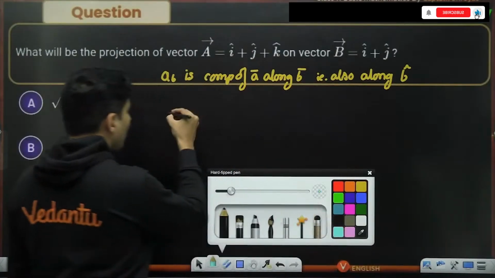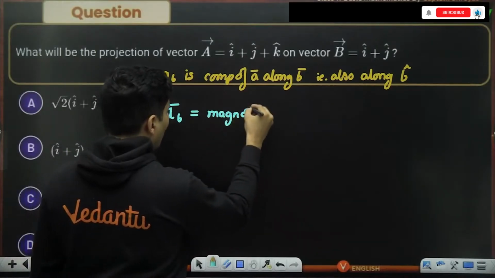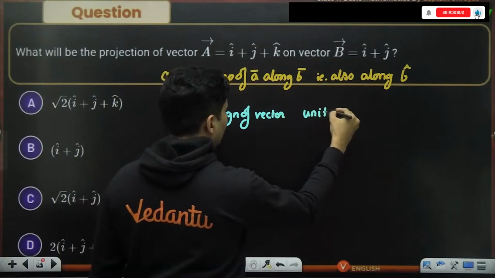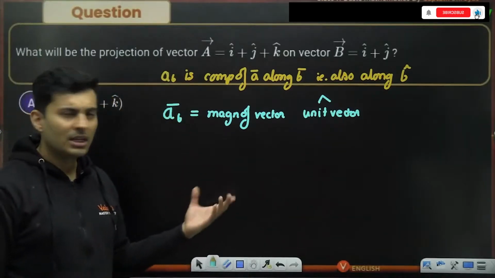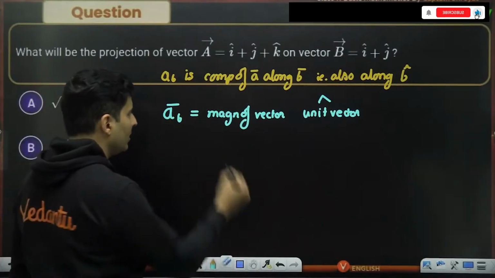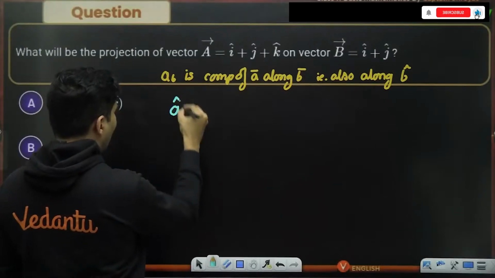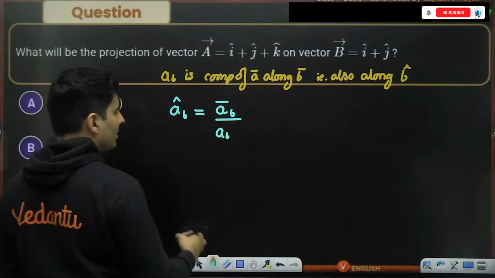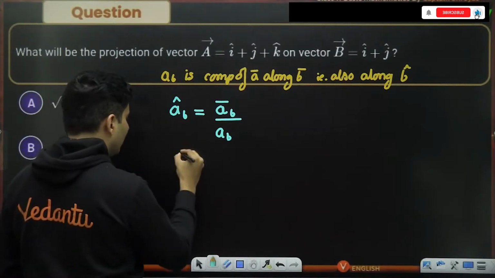Can I then say my vector will be the magnitude of that vector times the unit vector over here? Any vector you see will be magnitude times the unit vector. In fact, unit vector was vector divided by that magnitude, if you remember carefully. So A hat of B was A bar of B divided by A of B. This technically is nothing but B hat.